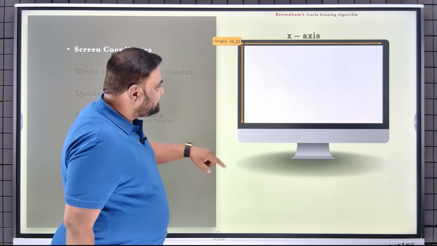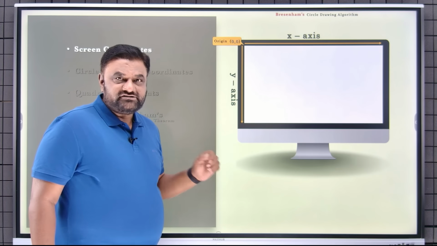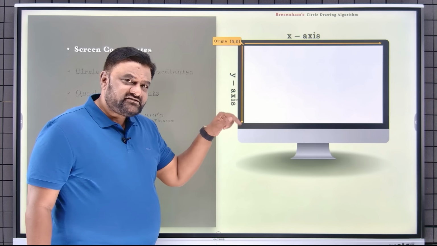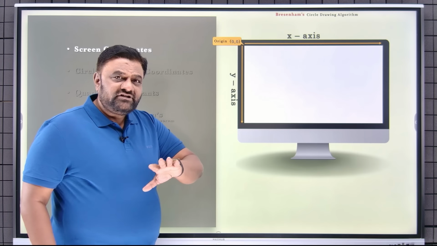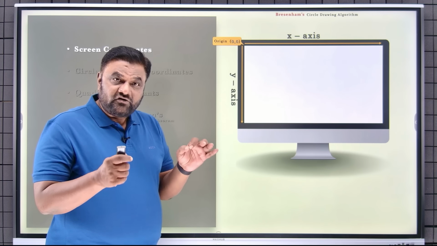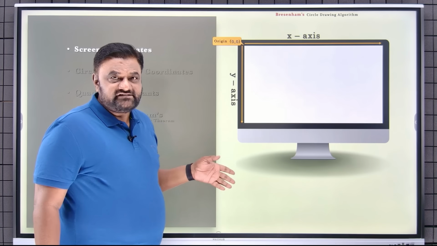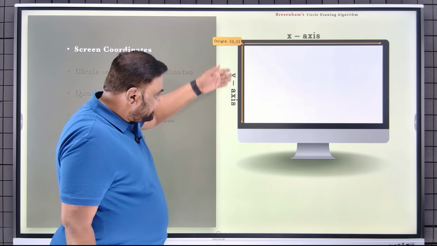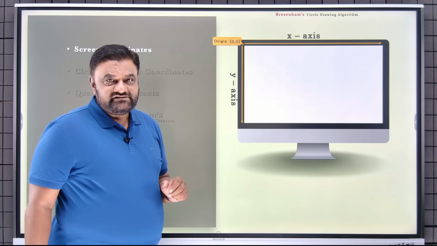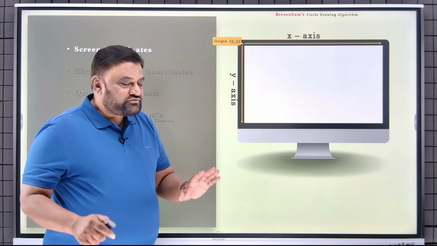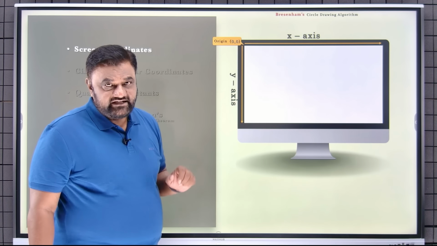And this way runs y-axis, all positive. Y-axis is downwards. Usually on a graph paper, when we plot coordinate system, we take y-axis upwards, positive, downwards it's negative. But on the screen, it is positive downwards. There's a difference. So you have understood where the origin is and x-axis and y-axis.